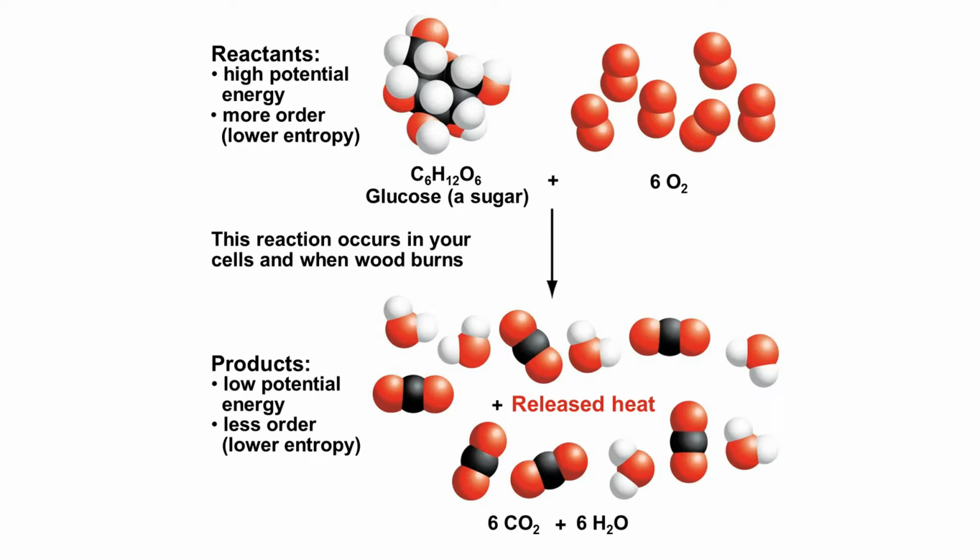So here, talking about that process, for example, you have sugar, glucose. Glucose is a sugar, a type of carbohydrate. This molecule is highly ordered. There's a higher amount of potential energy stored in this molecule of sugar.